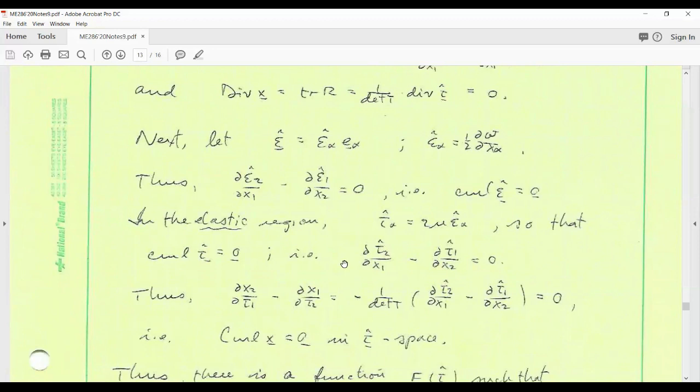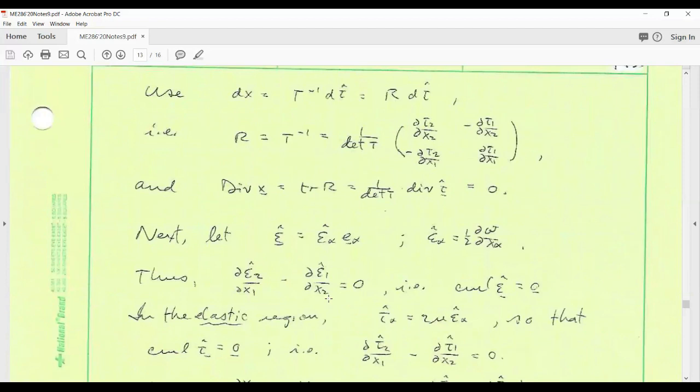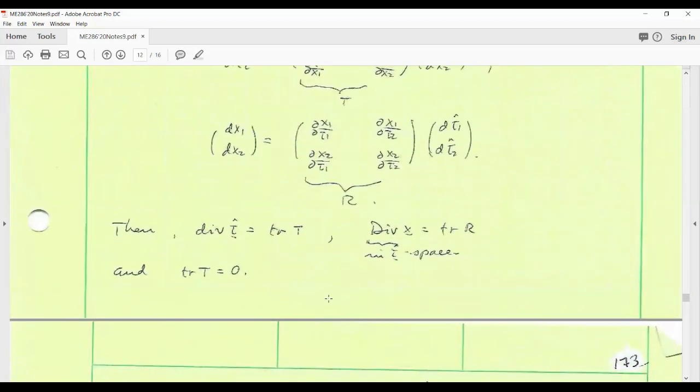We can relate that to the curl of position in stress space. Let's look at dx2 d tau 1 minus dx1 d tau 2. That's the curl of position vector X in stress space. Let's see. Let's go back here. That's this.